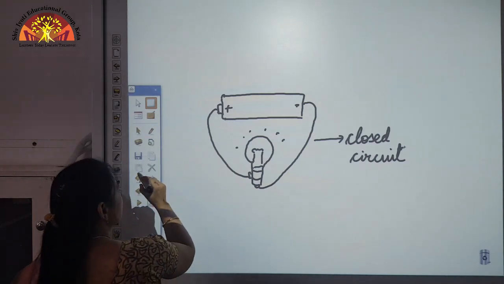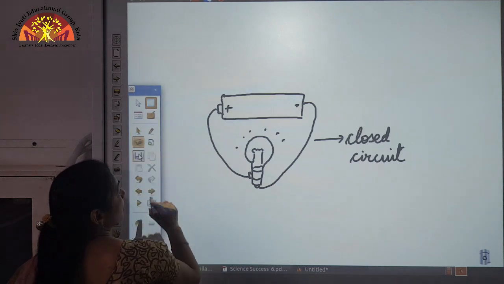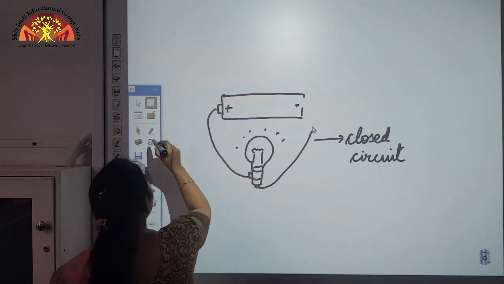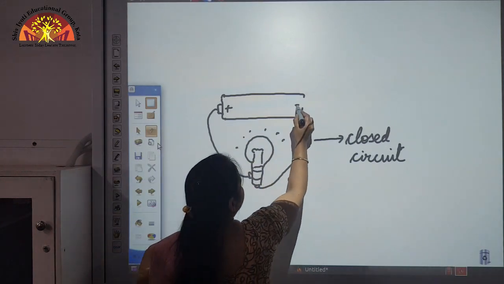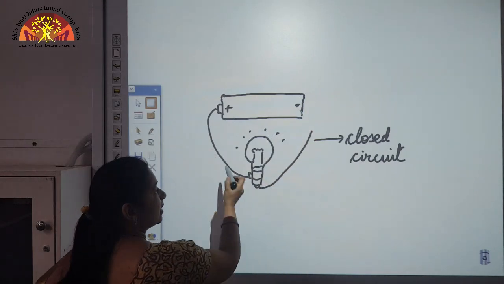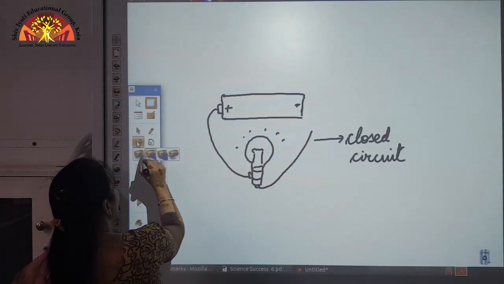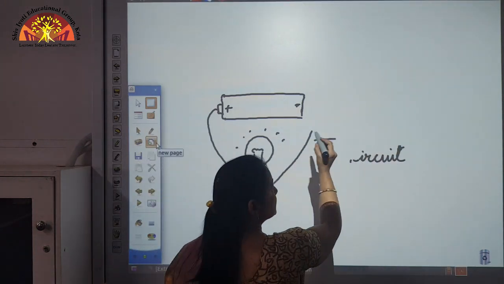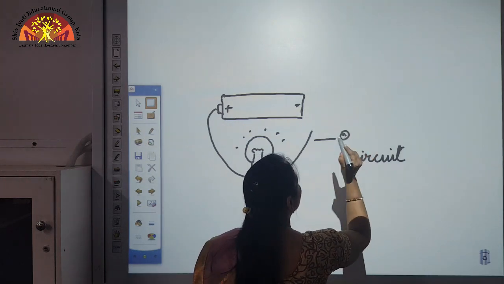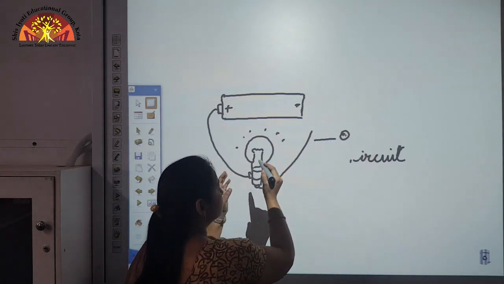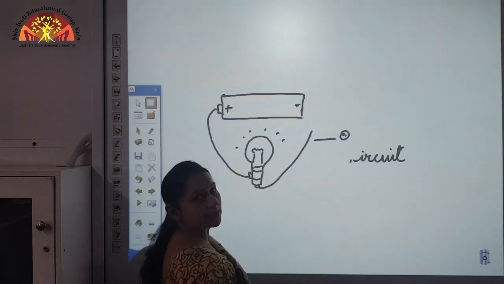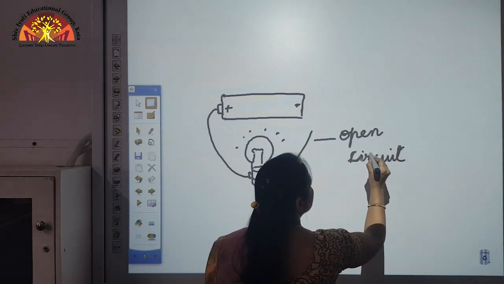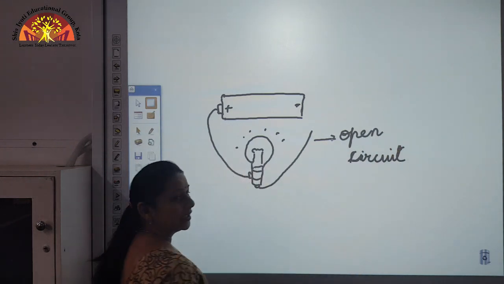Now if I break the connection of the wires, now if the connection is broken, this type of connection which is not closed, the terminals of the bulb are not connected to the terminals of the cell, in this case we call it an open circuit.